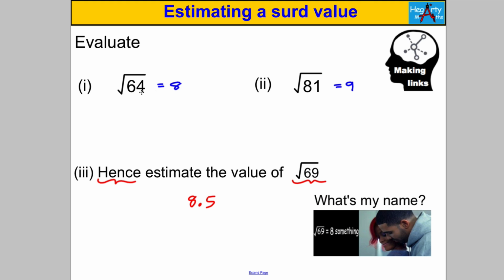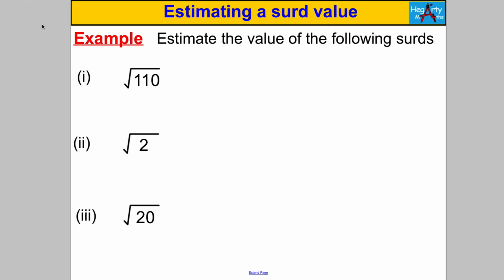So that's how we're going to estimate the value of the surd. We're going to find two square numbers either side of the particular number we're trying to square root, and that's going to help us estimate the surd. So let's give it a go. Estimate the value of the following surds.